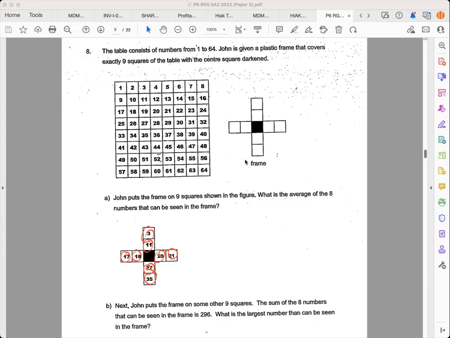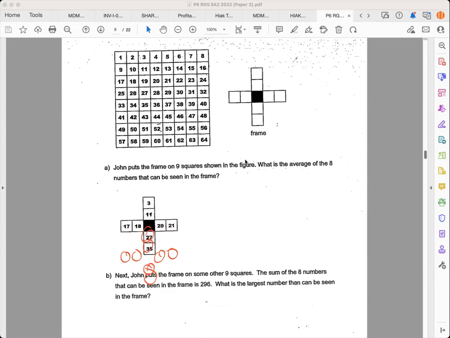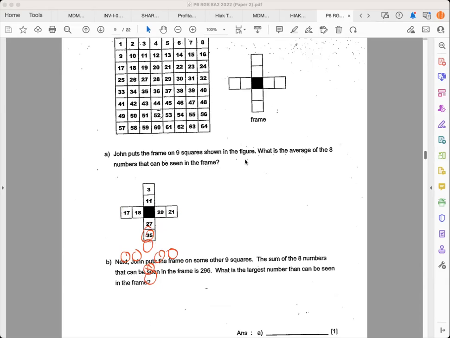Let's add up the 8 numbers. 3 plus 11 plus 17 plus 18 plus 20 plus 21 plus 27 plus 35, and that gives you 152. The average will be 152 divided by 8, which is 19.